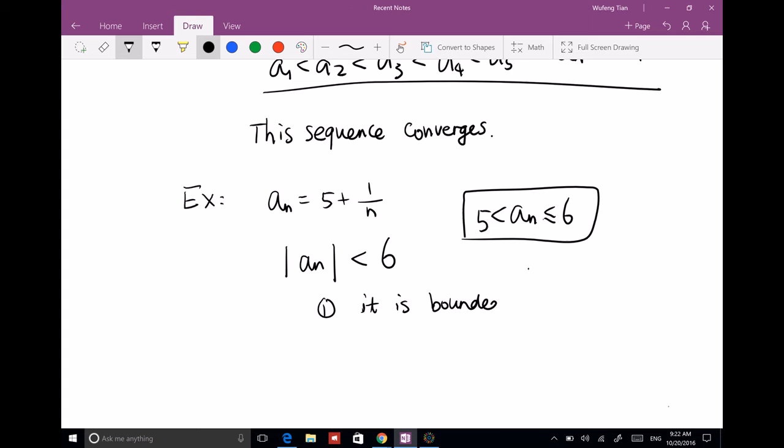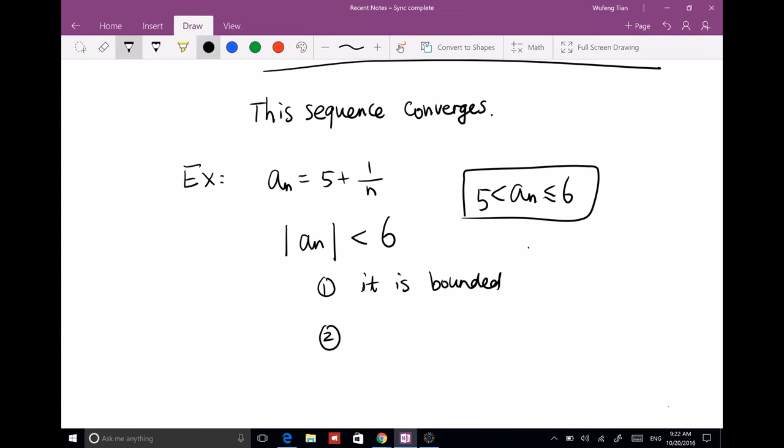Okay, the second. We have to prove this is a monotonic sequence. Is it a monotonic sequence? Yes, it is. So why is it a monotonic sequence?